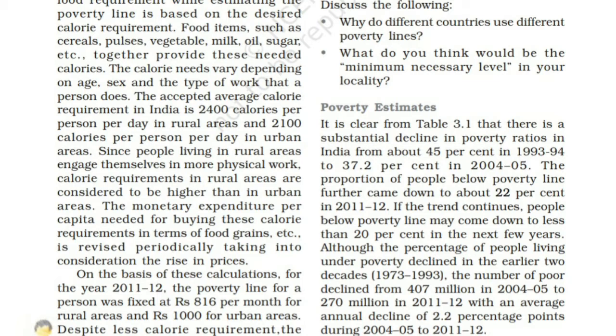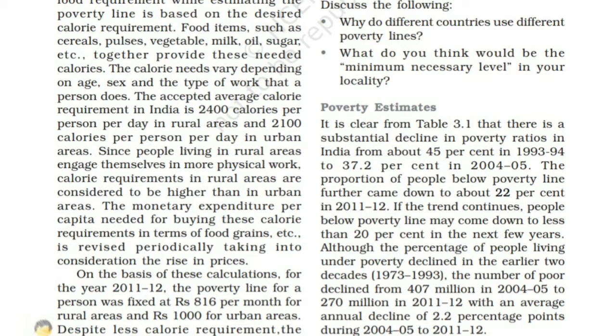So on the basis of these calculations, for the year 2011-12, the poverty line for a person was fixed at rupees 816 per month for the rural areas and rupees 1000 for the urban areas.